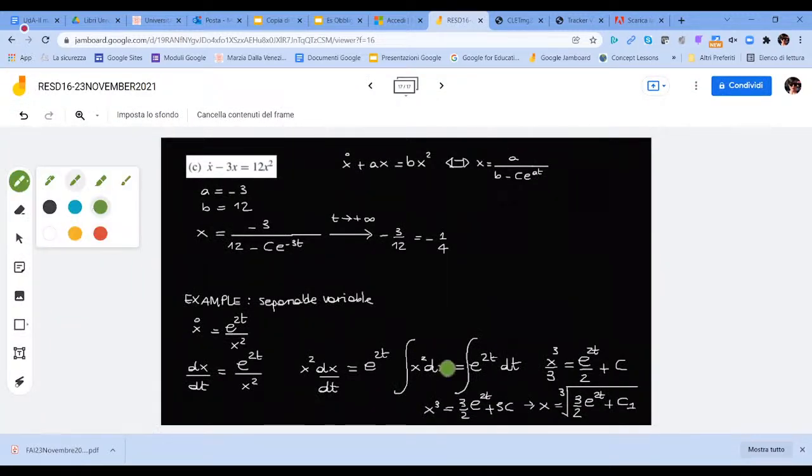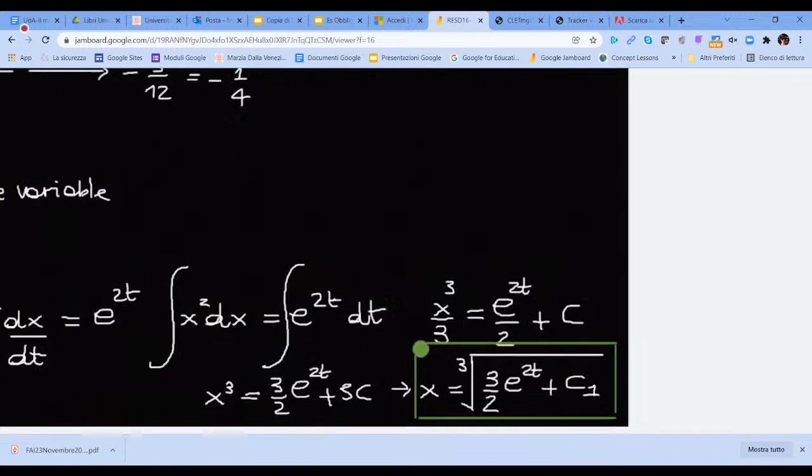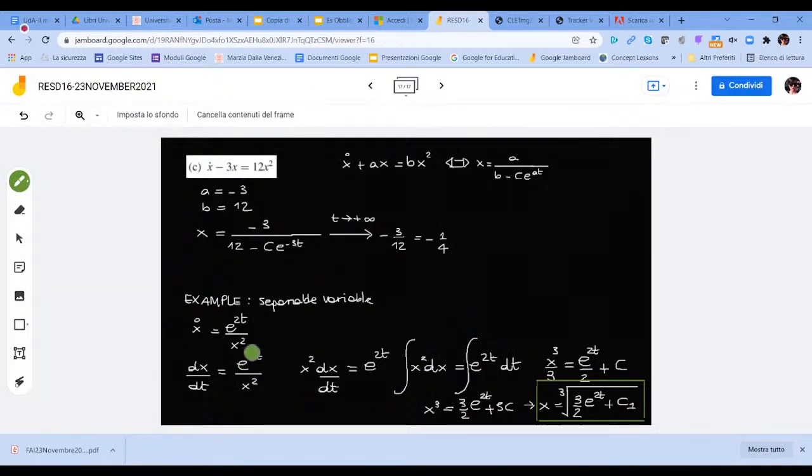This is a very powerful tool to use, because if you recognize that you have the possibility to split the product on the right hand side into two variables, one depending on t, one depending on x, you can use this kind of trick, I would say.